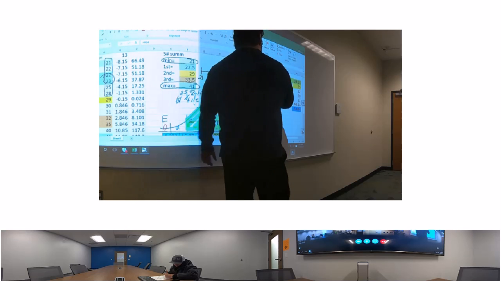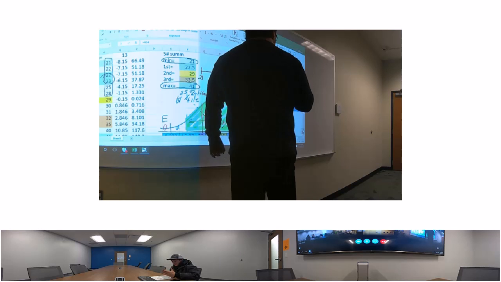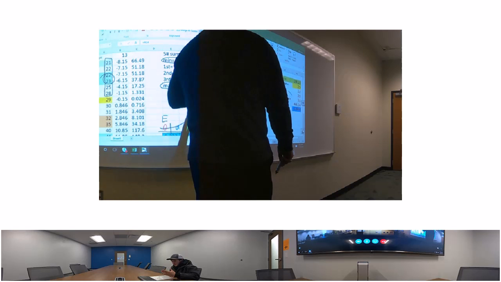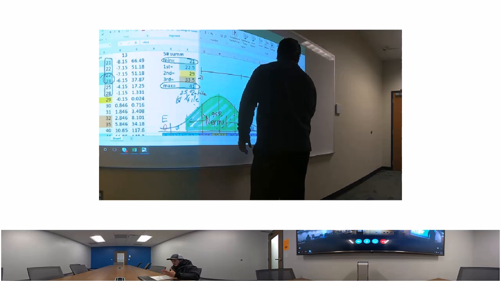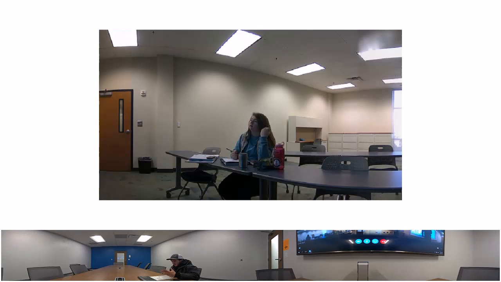The max. And then what do you think is going to go in the middle? Well, you got to go away from the 5-number summary to get the middle. It's the mid-range. She never told us that. Yep. She always told us that it was the second one. But that makes more sense.